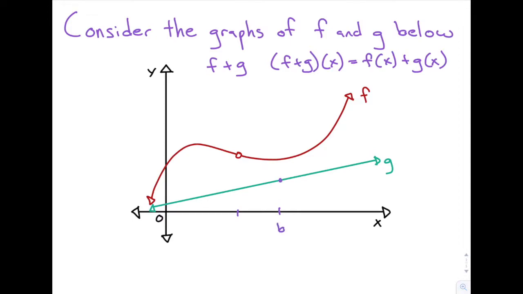So this value here would be g of b, and that's this height, and then this one would be f of b, and that's this height from the graph down to the x-axis. If we add those two values together, we end up up here, and similarly we end up here and here, and so forth. We're just adding the heights of the two graphs.